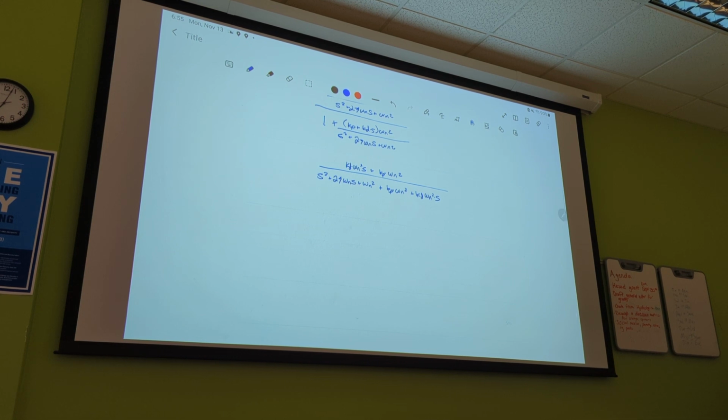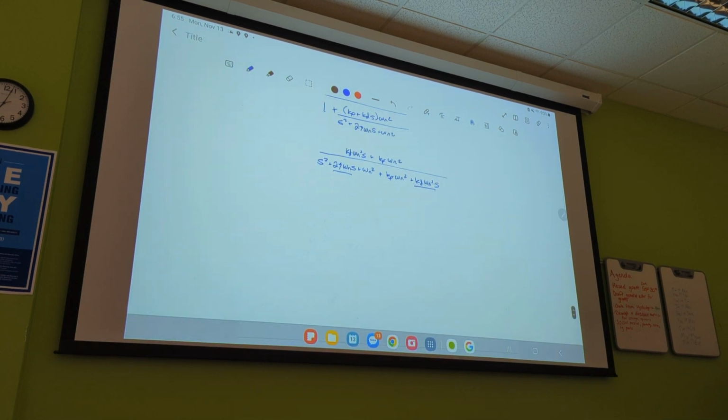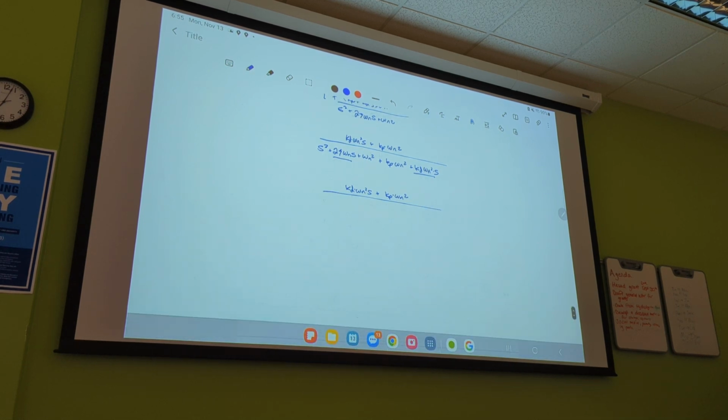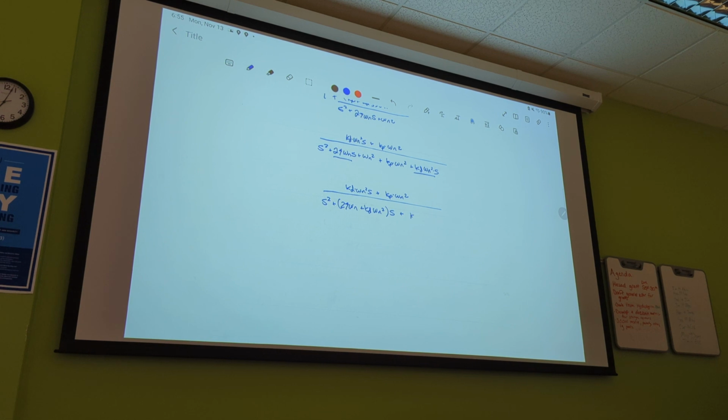Since we have two coefficients of s, I'm going to merge those together. So the closed loop transfer function will have the same numerator, and we'll merge these two together: s squared plus (2 zeta omega n plus Kd omega n squared) s, and then (Kp plus 1) omega n squared.